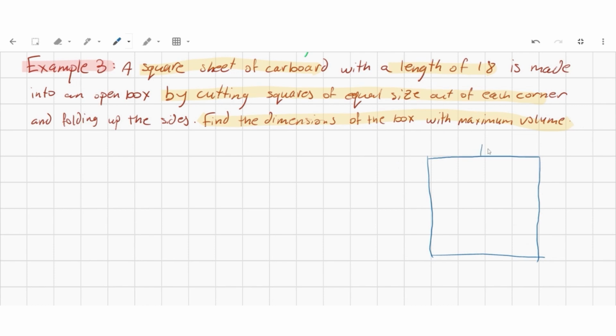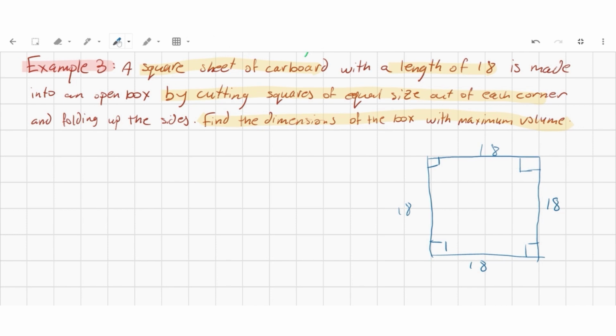Since it's a square, all of its sides are going to be equal, so all of them are going to be equal to 18. And then it says it's made into an open box by cutting squares of equal size out of each corner. So we're going to cut squares out of each corner in this sheet of cardboard.